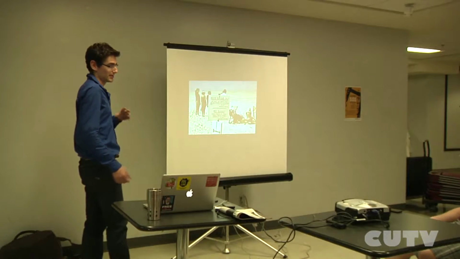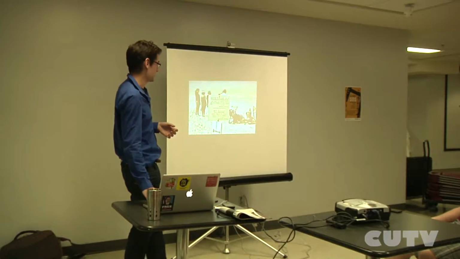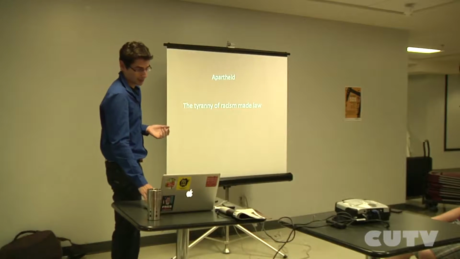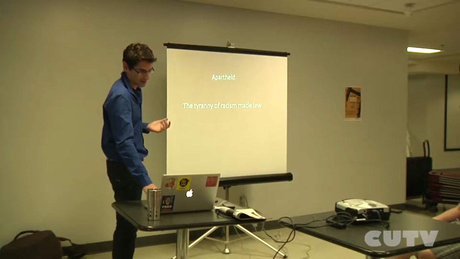In South Africa there was a system of apartheid, which is the tyranny of racism made law. There was segregation in the country, and the black population was treated quite differently than the white. Their economic opportunities were restricted, and a lot of them were forced into poverty and slums.